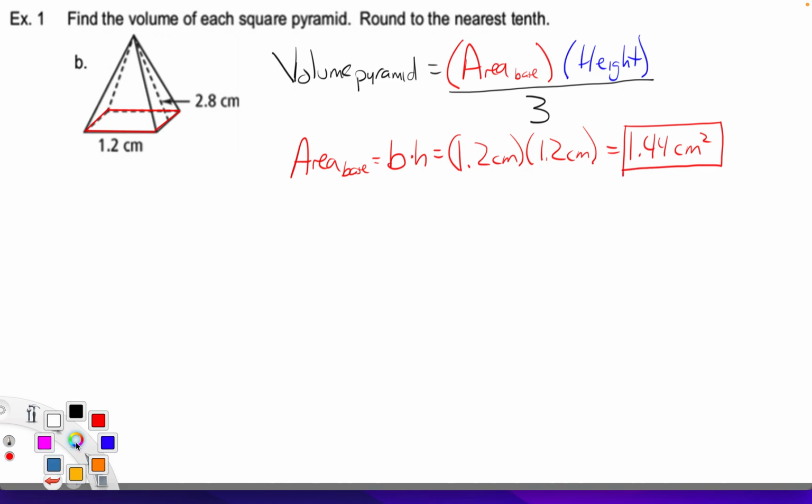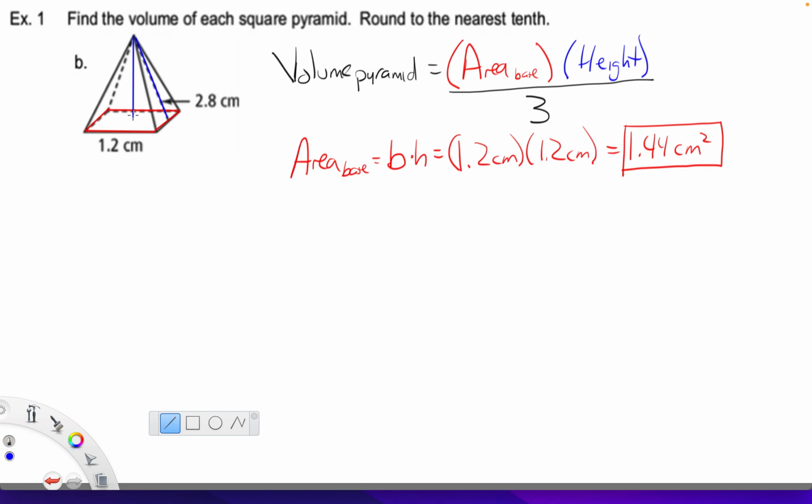Now we need to find the height. Let's draw it first. I'm trying to find the height right there, which goes from the vertex to the center of the base. And I don't have that, but what I do have is this slant height. That is the height of the triangle on the outside that makes up this shape.